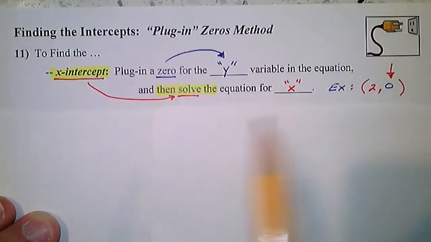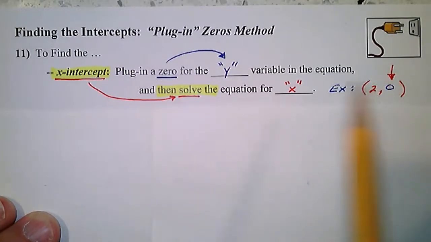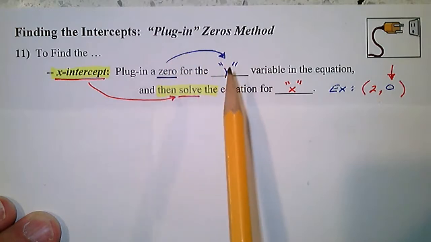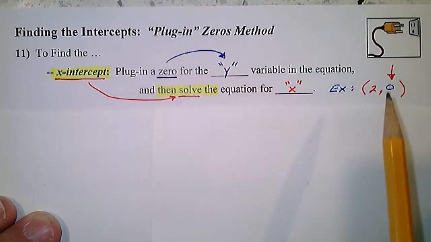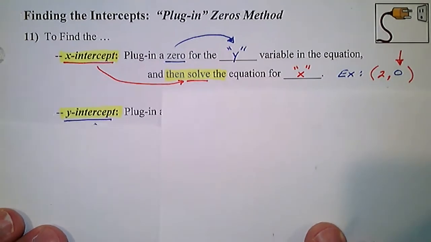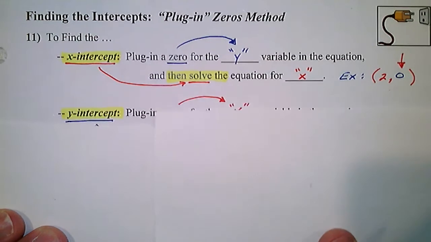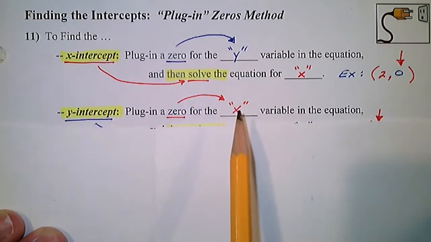So here's an example. This would be an x-intercept. We want a 0 in place of the y, where the y value would normally go. Now, if you want to find your y-intercept, you do the opposite strategy. For your y-intercept, you put a 0 into the x.